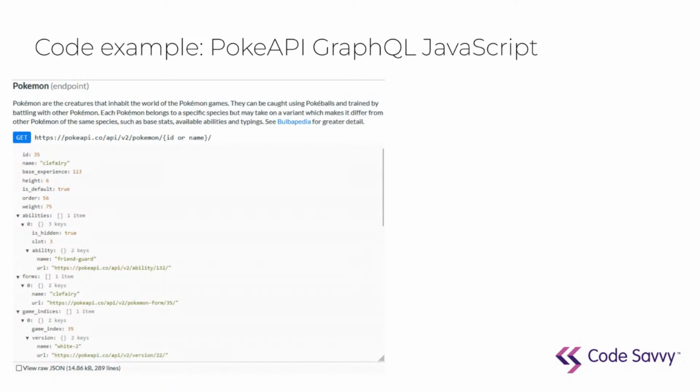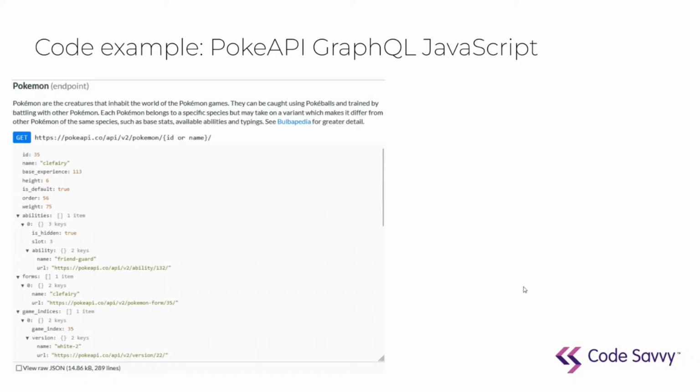Just like we saw in the Java doc, there's a description of what this endpoint is going to give us. It says each Pokemon belongs to a specific species, but may take on a variant, which makes it differ from other Pokemon of the same species, such as base stats, availabilities, and typings. So this endpoint /Pokemon is going to give us tons and tons of information about a Pokemon.